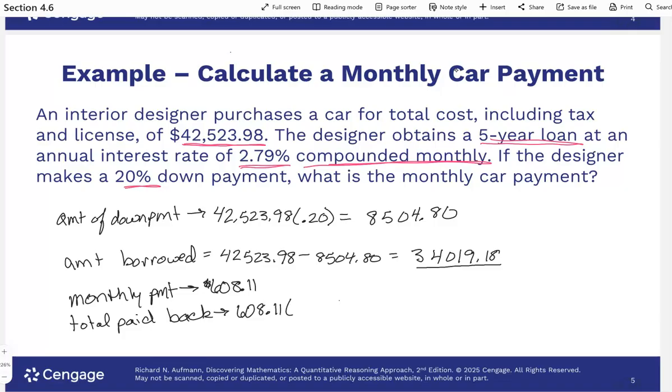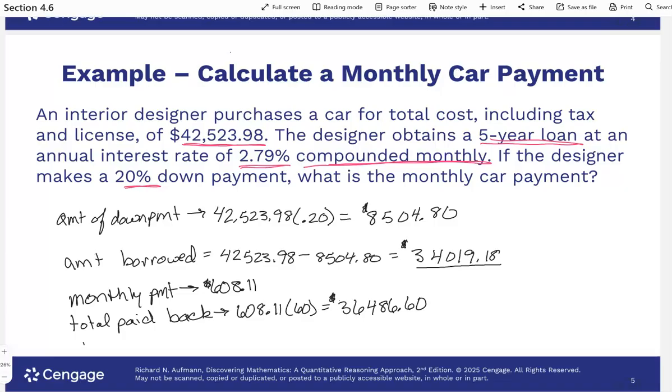We're doing 5 years, every month. So 5 times 12 is 60. So 608.11 times 60 payments would be $36,486.60. So that's the total that's paid back.